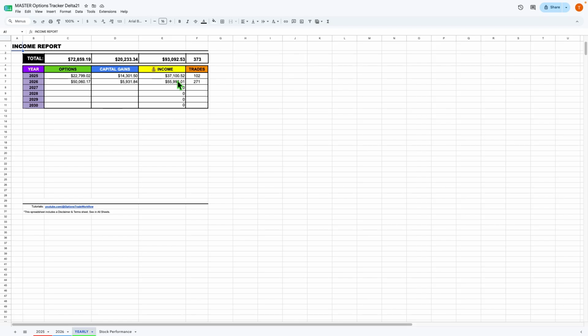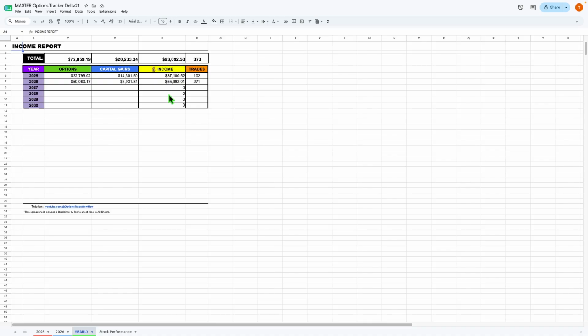So we saw that for 2026, I am now up at 55,992.01. Added with last year's amount, I have a grand total of $93,092.53 that I've generated since I have started doing options trading.